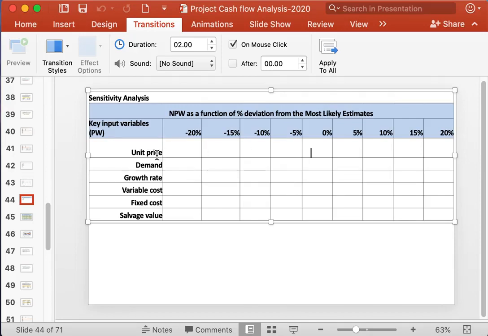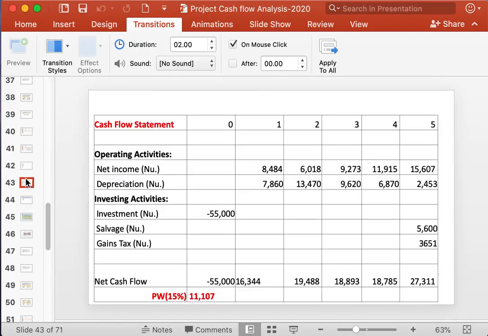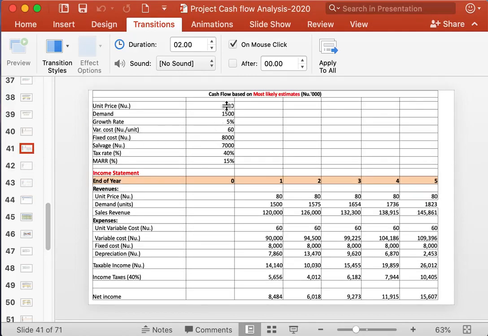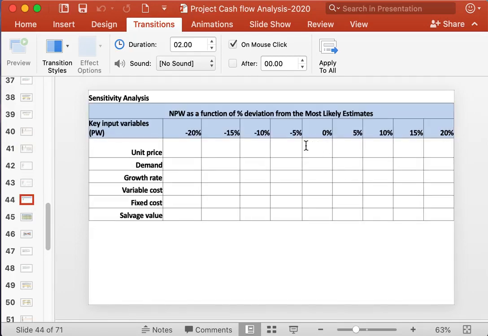Like for example, if you vary the unit price by minus 5% or decrease by 5% over the initial unit price, which was 80,000.